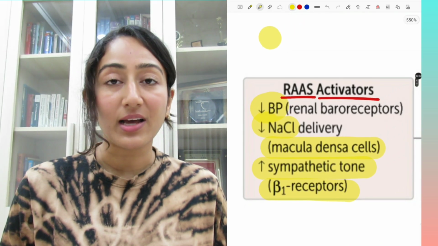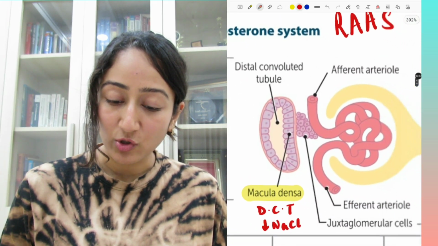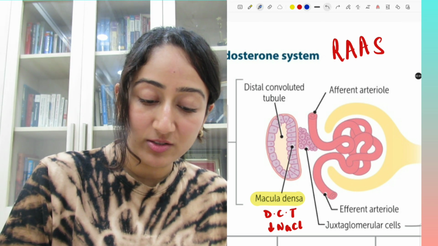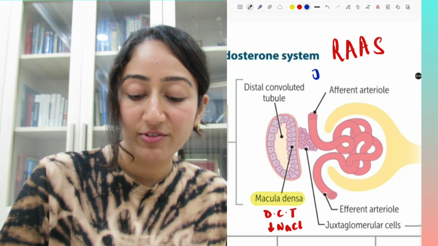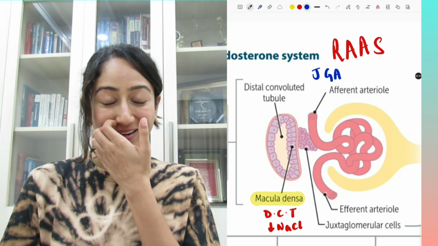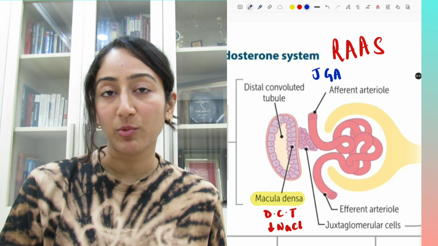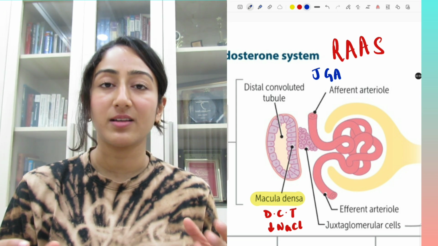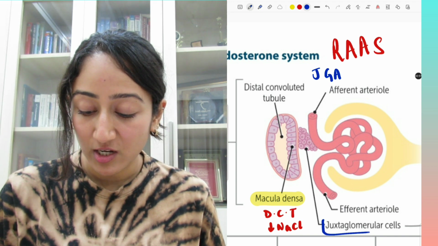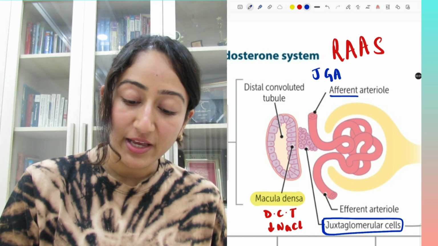So these are your RAAS activators, and let us talk about the juxtaglomerular apparatus really quickly, because I think it is very intricately linked. First, the juxtaglomerular cells, after which this apparatus is named. These are present in the afferent arteriole.